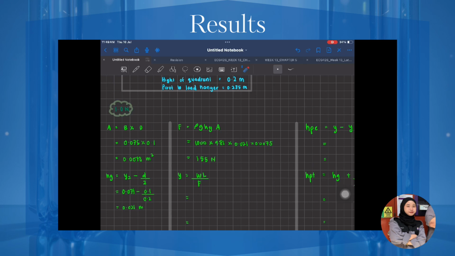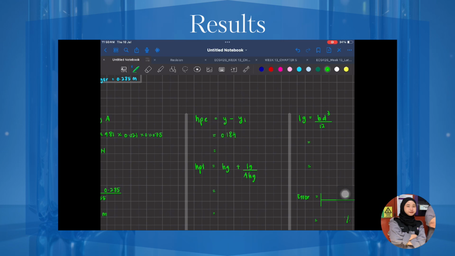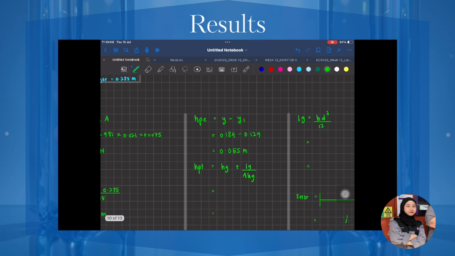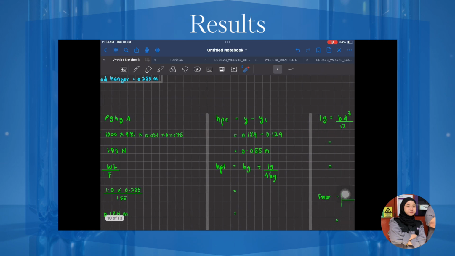For the Y, we use the formula of weight multiply length over force, which is 1.0 Newton multiply 0.285 meter over 1.55 Newton. The answer is 0.184 meter. Next, for the experimental depth, we use the formula of Y minus Y1, which is 0.2 minus Y2. And for the theoretical depth, we use Hg plus Ig over A Hg.